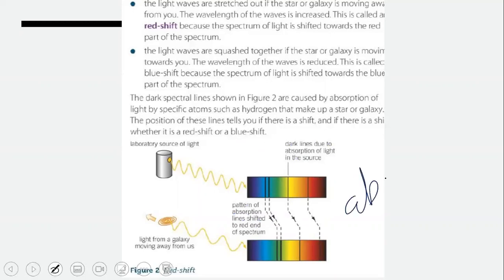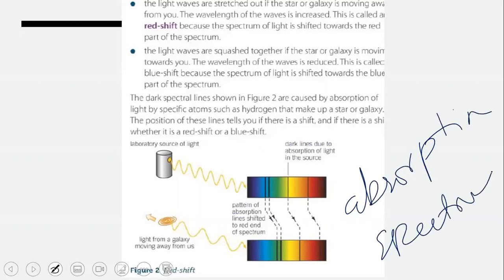We call it an absorption spectrum. They looked at the absorption spectrum of our sun, for example. They said, okay, this is the diagram we are getting. Our sun absorbed this particular light, this light, and this light. Fine, this is what we got.